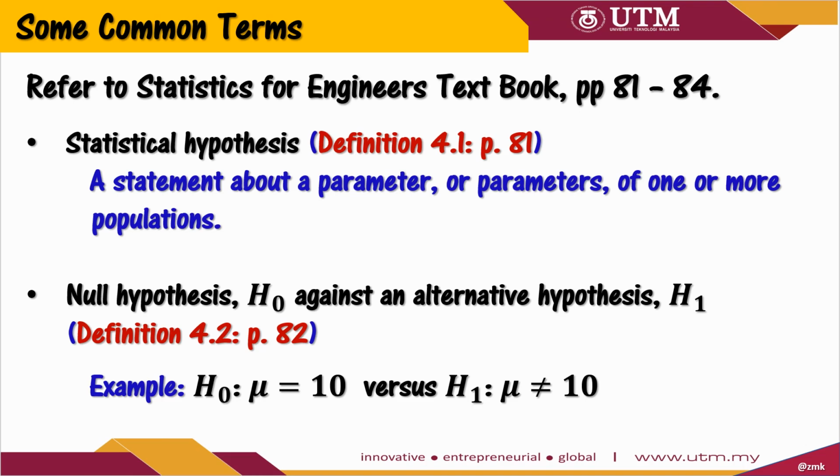If we reject H0, we may say that we have sufficient evidence to reject H0 in favor of H1, meaning if we reject H0, we are saying that we have evidence that mu is not 10. If we reject H0, it means we have sufficient evidence to support the hypothesis that mu is not 10.